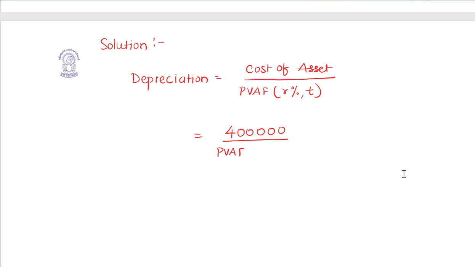For PVAF, the rate is 9.5% and the time is 6 years.